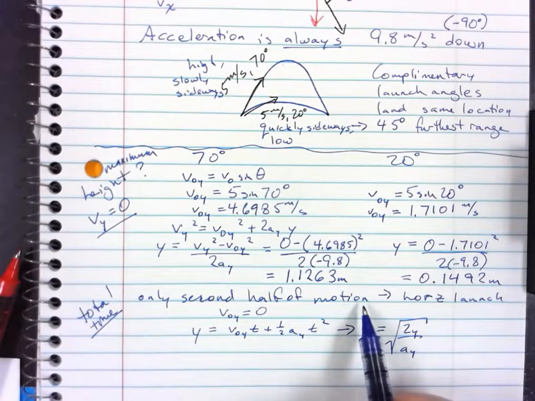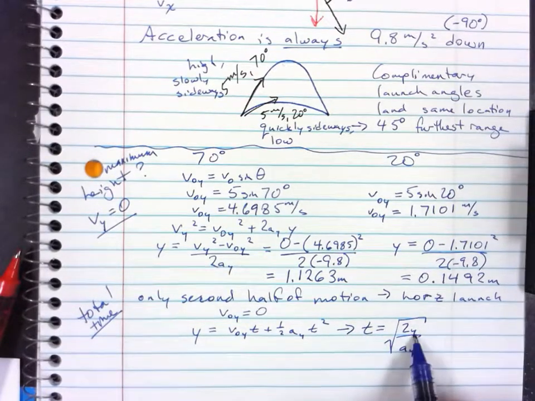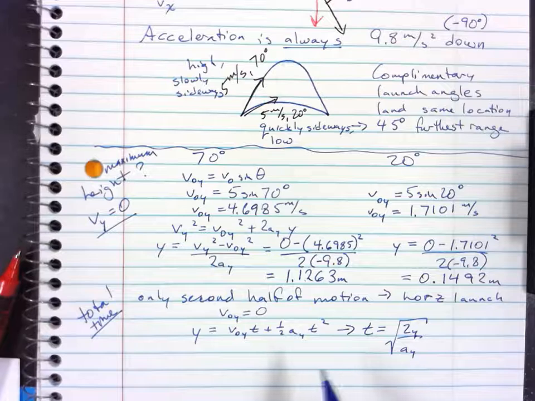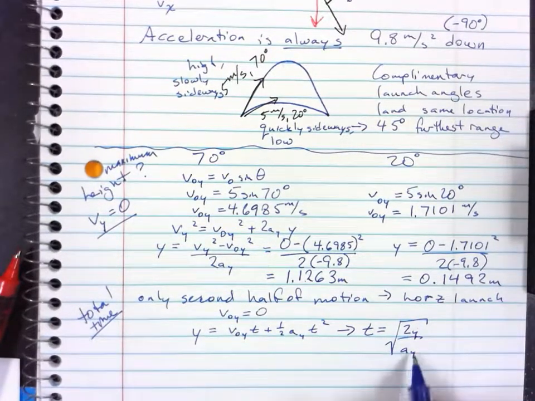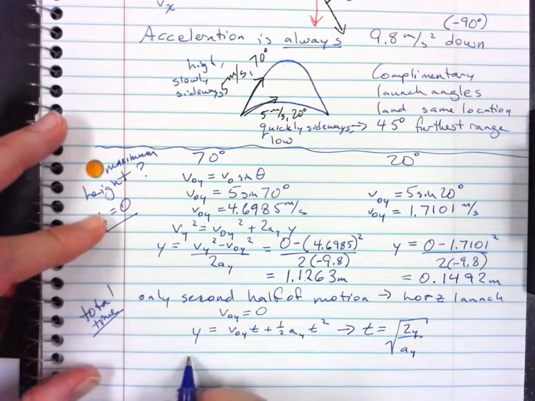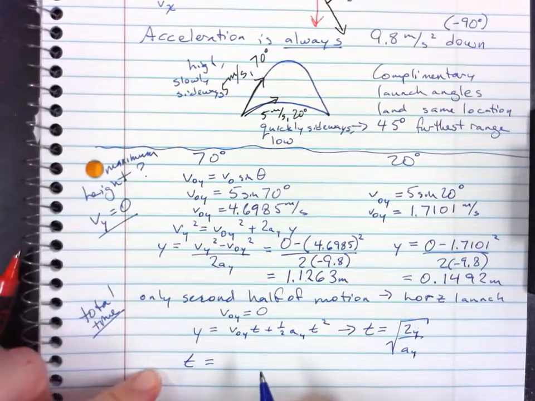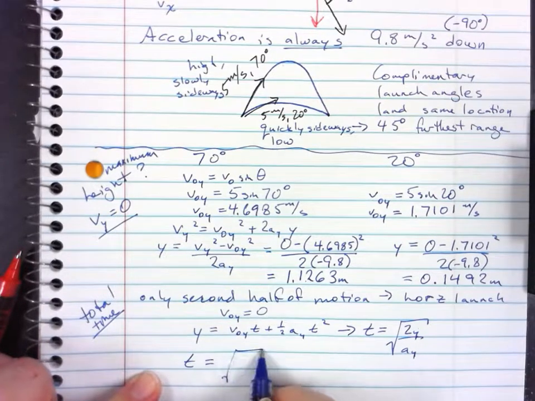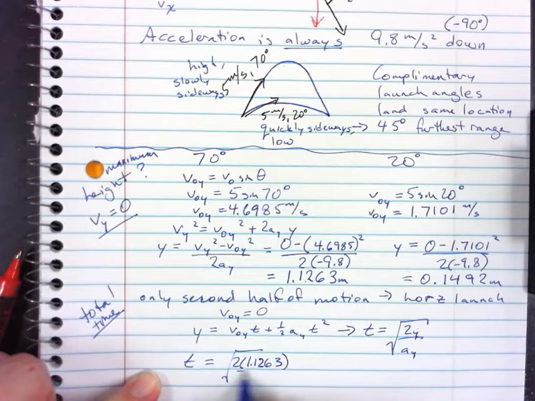And because I'm talking about the second half of the motion, everything's down. It moves downward 1.1263, and this is down 9.8, so I'm just going to leave them both positive. The negatives will cancel. So the time for 70 degrees is the square root of 2 times 1.1263 divided by 9.8.